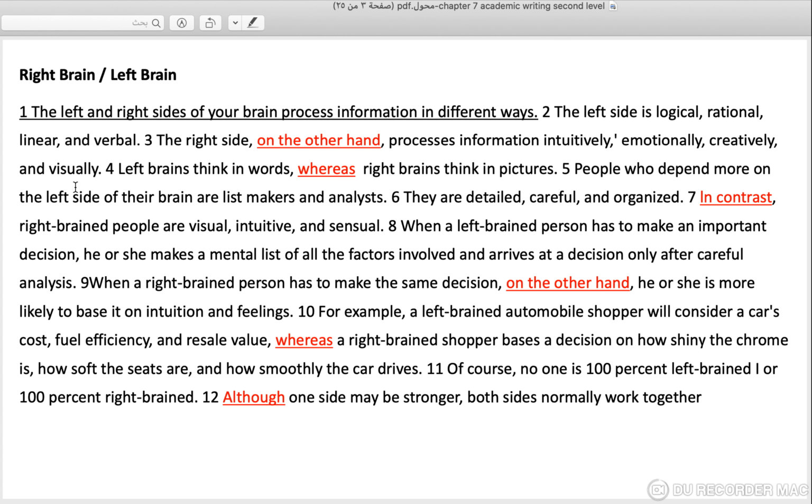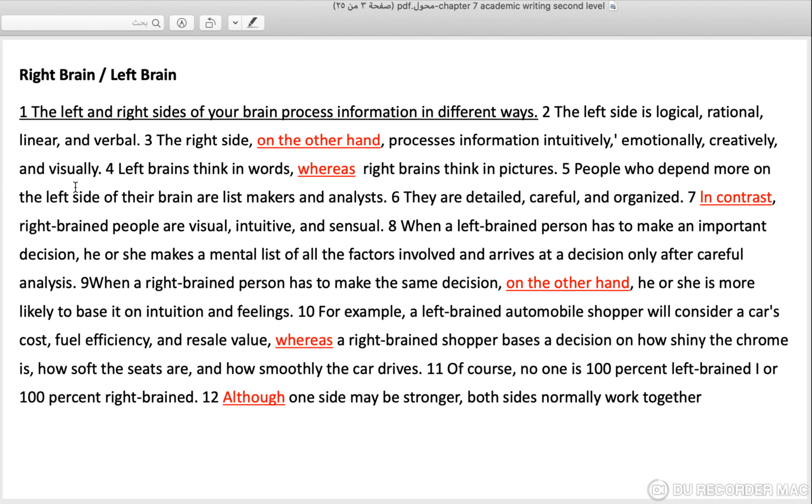When a left-brained person has to make an important decision, he or she makes a mental list of all the factors involved and arrives at a decision only after careful analysis. When a right-brained person has to make the same decision, on the other hand, he or she is more likely to base it on intuition and feelings.